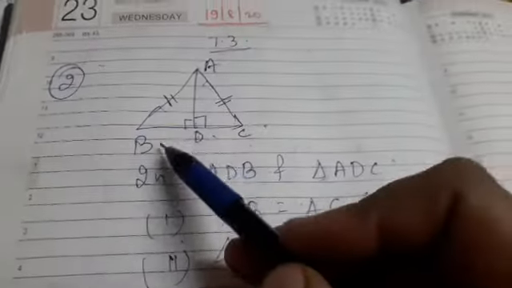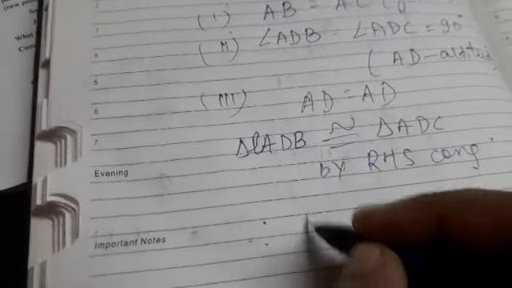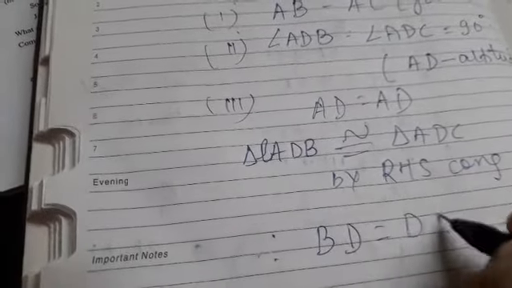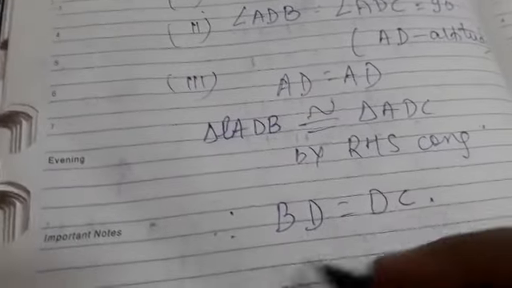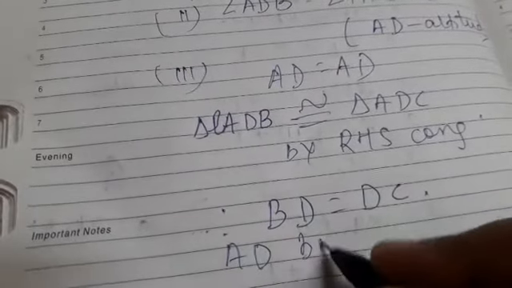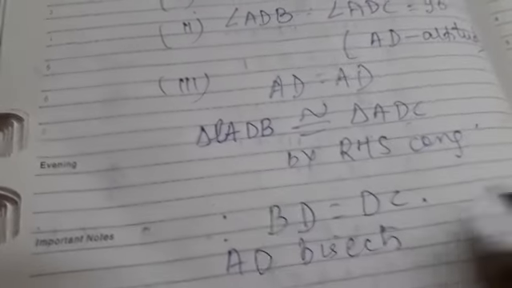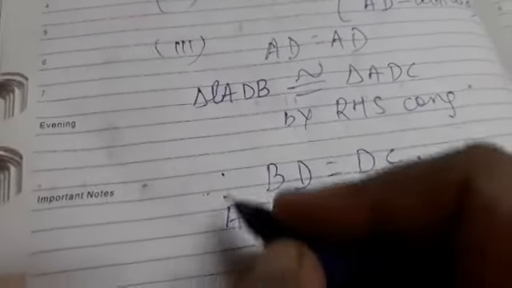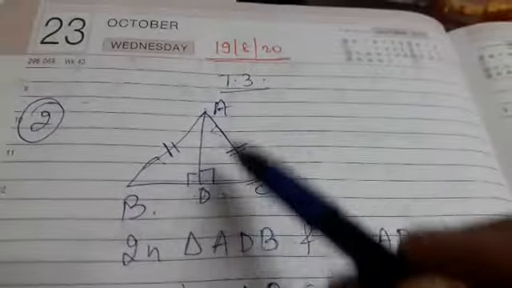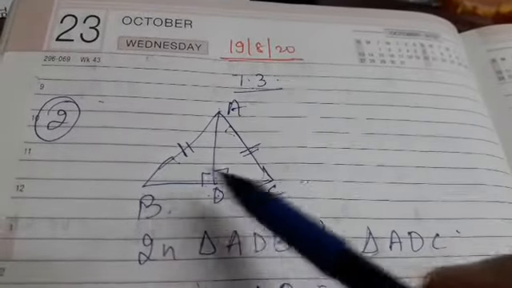Now when the triangles are congruent, children, you know that the corresponding parts are all equal. So we can write, therefore, BD is equal to DC. So therefore we can write AD bisects BC, and we can also write here that angle DAB is equal to angle DAC.